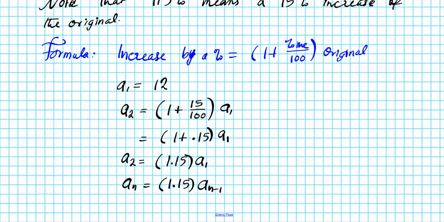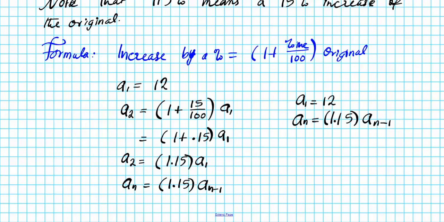All right, so this is the recursive definition. So basically, we need the initial condition and the recursive formula, AN is 1.15 times AN minus 1. So there goes your recursive formula for the whole situation.